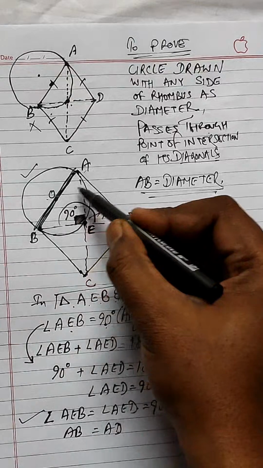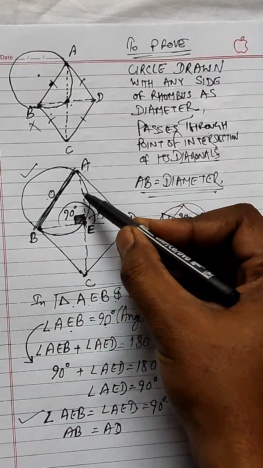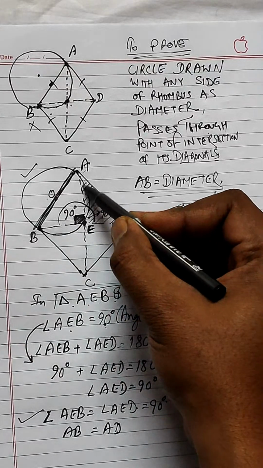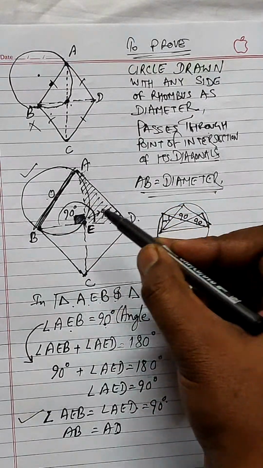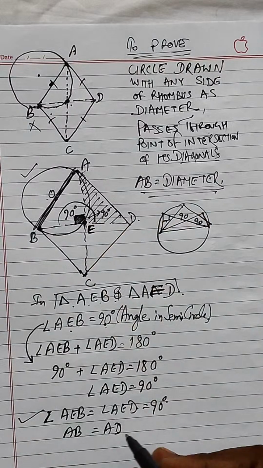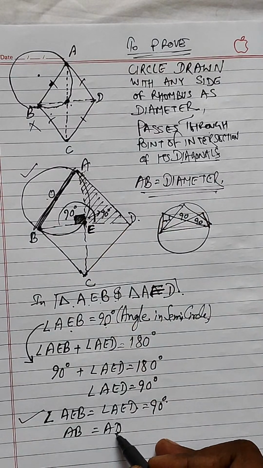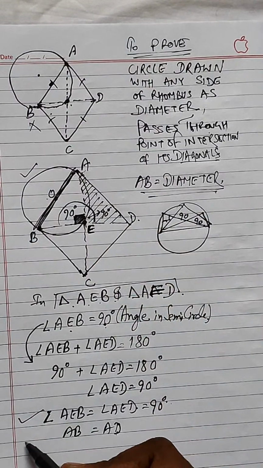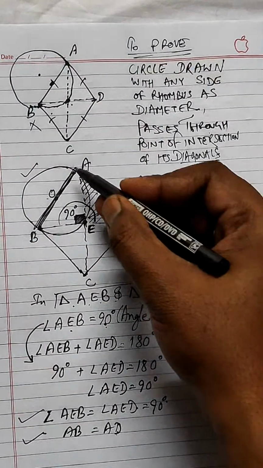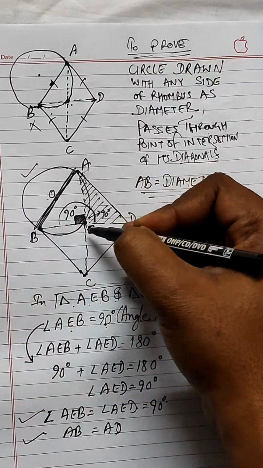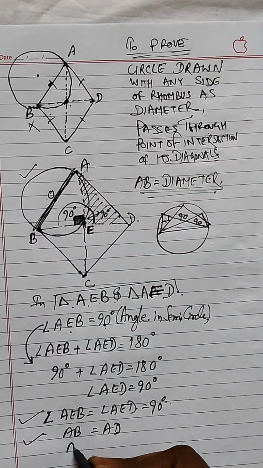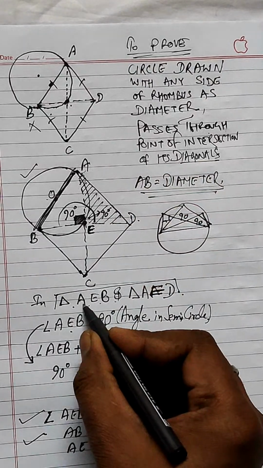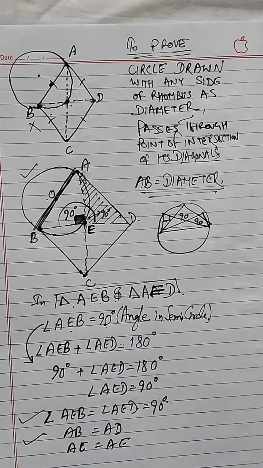Actually, all four sides of the rhombus are equal. So we have considered these two triangles, this one and the adjacent to it. So this side is equal, one angle is 90 degrees, and AE is the common side. So can't we say that triangle AEB and AED are congruent?